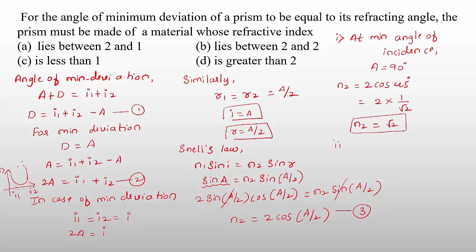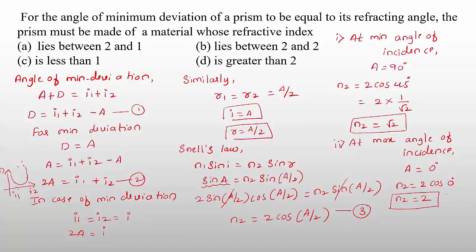Similarly, for maximum angle of incidence, we have to take the angle as 0 for the cosine function. Substitute here n2 equal to 2 cos 0. So 2 cos 0 will be 2 times 1, so we got n2 equal to 2.